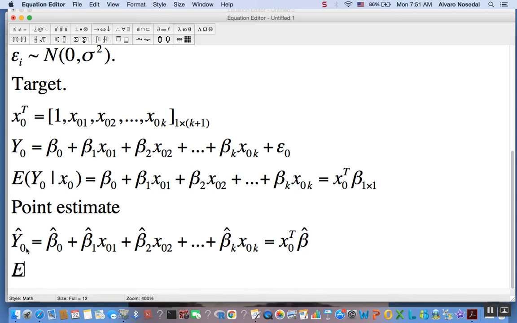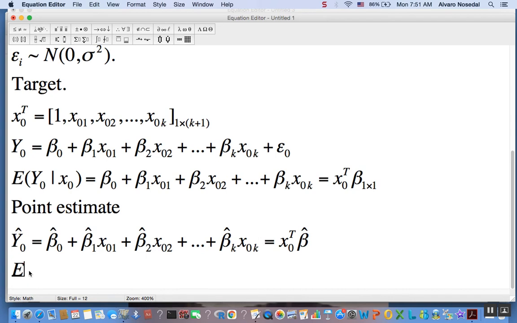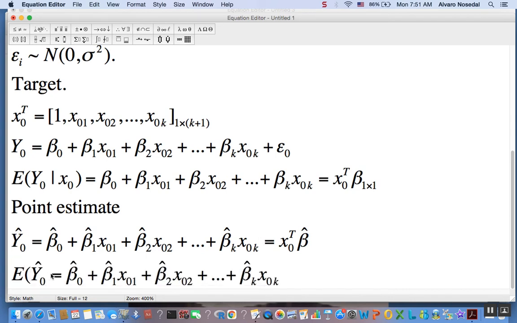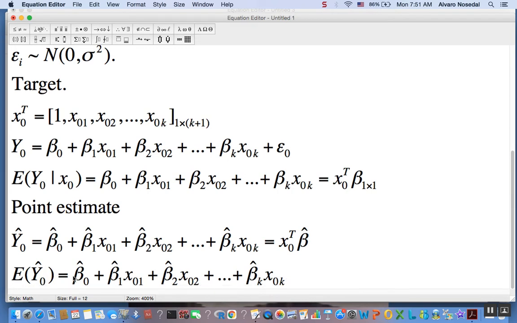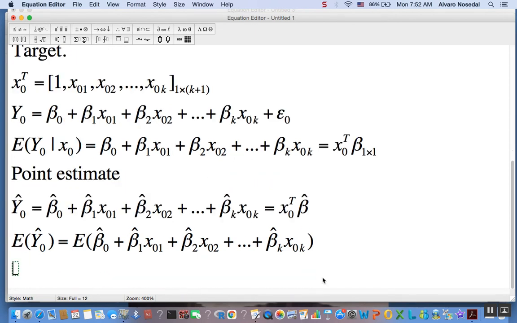The expected value of this guy is just the expected value of that sum, which is the sum of expected values, and we know that we could re-express this as a matrix multiplication, right?